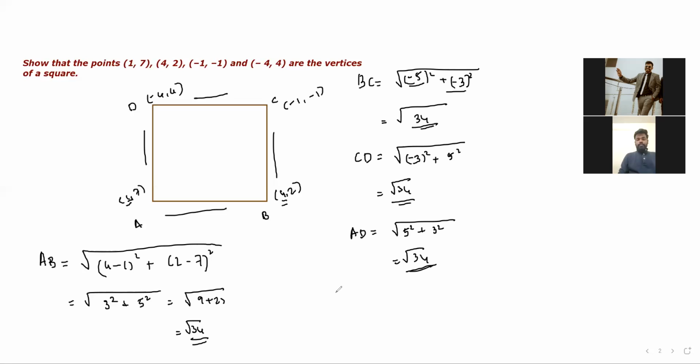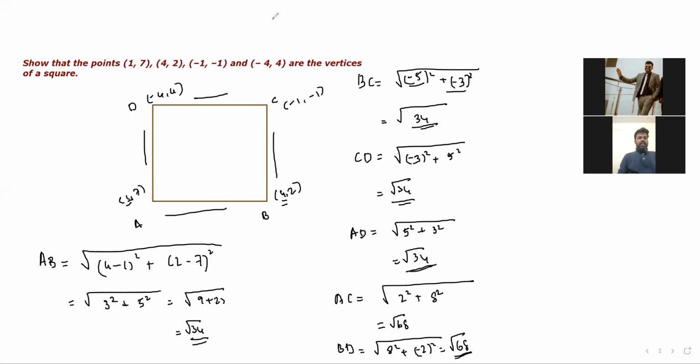So I need to find the diagonals, that is AC. AC will be the root of (1 minus -1), that is 2 square, plus (7 minus -1), 8 square. That gives us root 68. And what is the next diagonal, BD? BD is (4 minus -4), that is 8 square, plus (2 minus 4), that is -2 square. And that will also give us root 68.